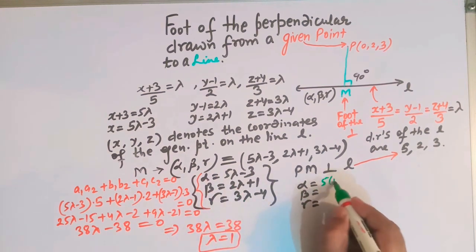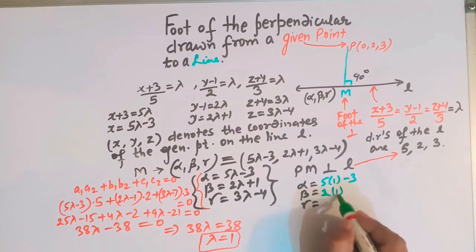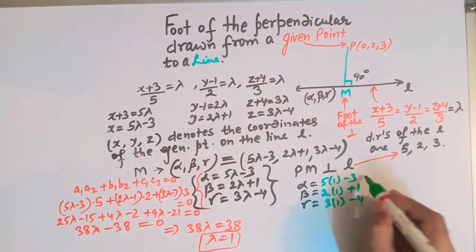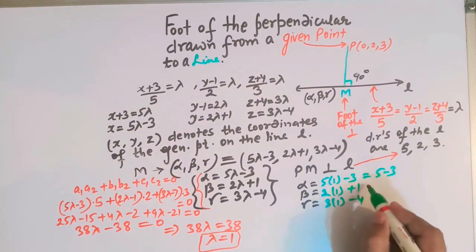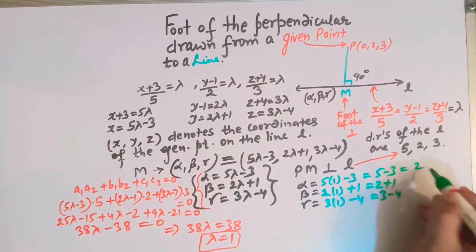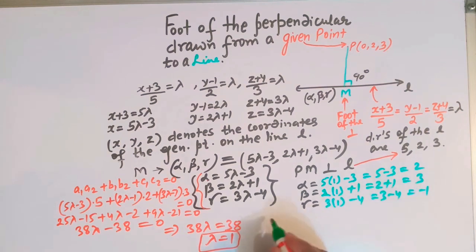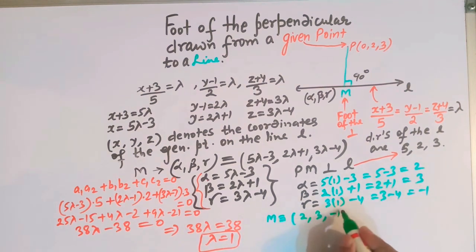So we have 5 times 1 minus 3, this is 2 times 1 plus 1, and this is 3 times 1 minus 4. So this is 5 minus 3, this is 2 plus 1, this is 3 minus 4. So this is 2, this is 3, and this is minus 1.